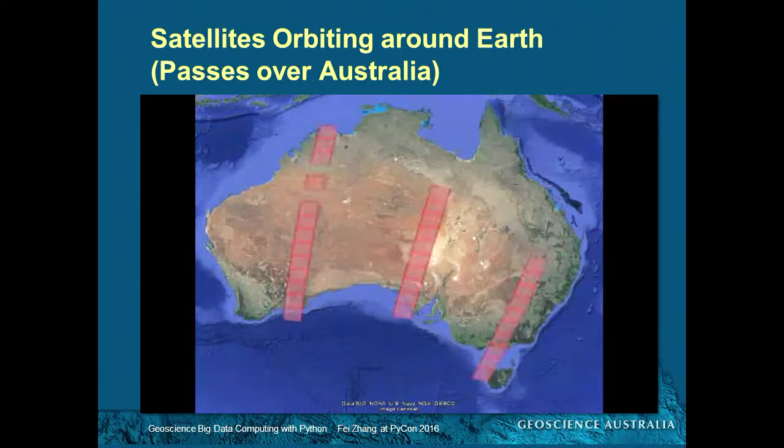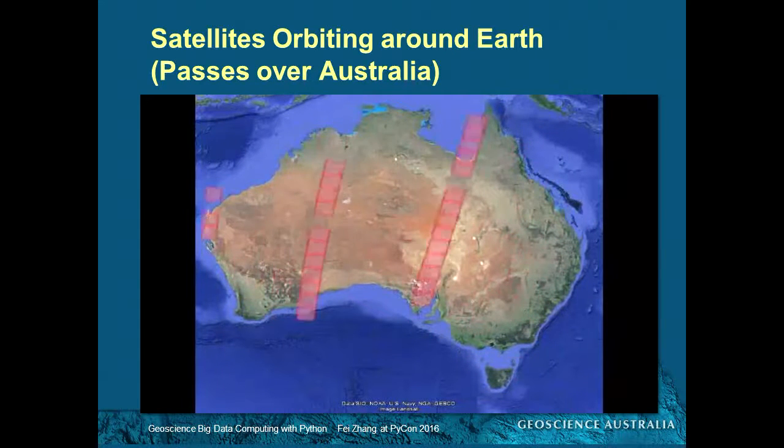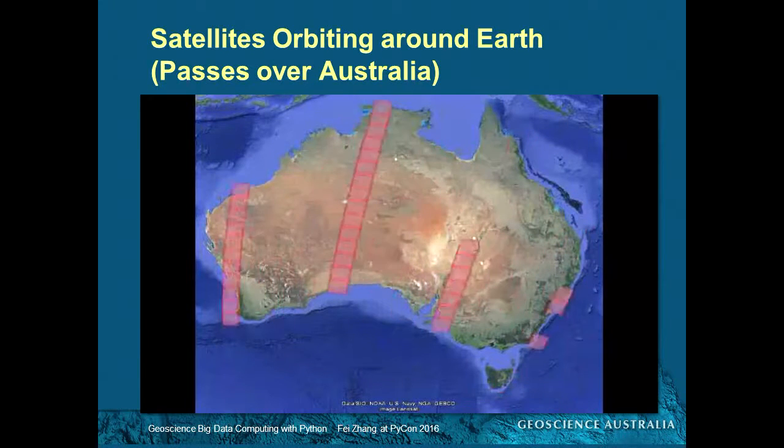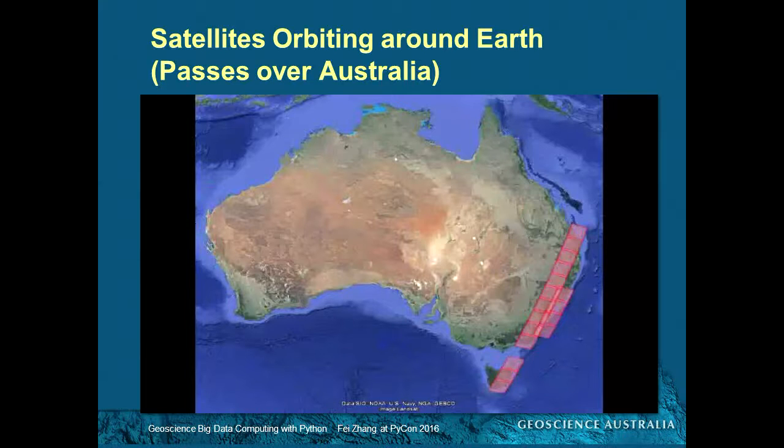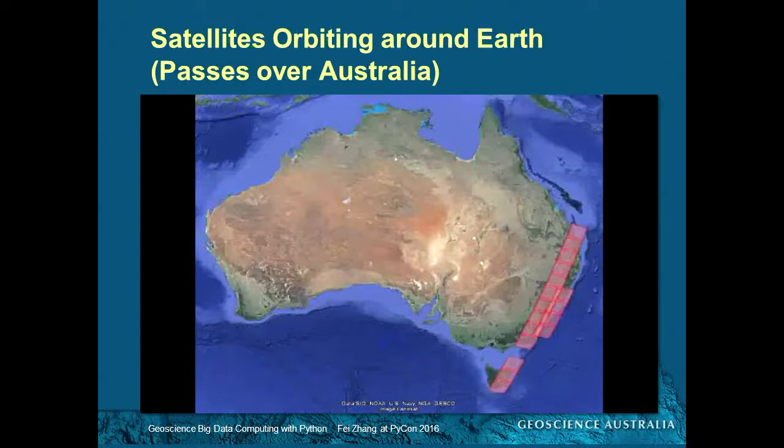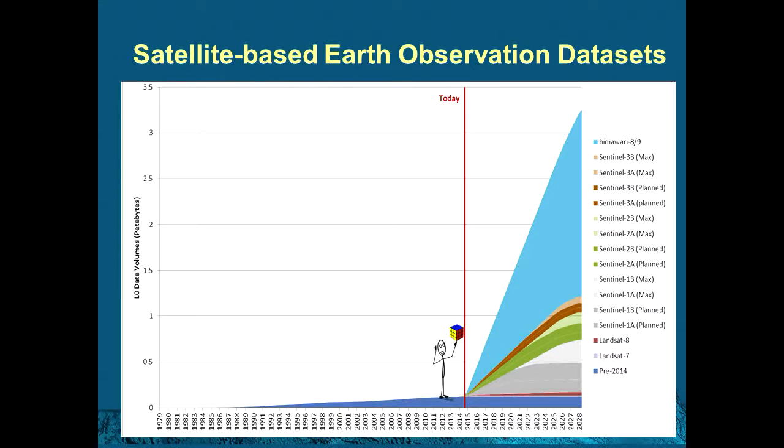One round is about 100 minutes, and Earth is self-rotating. This coupled dynamics makes these satellite footprints on Earth, and you see a path or two paths, and that's the image we deal with.